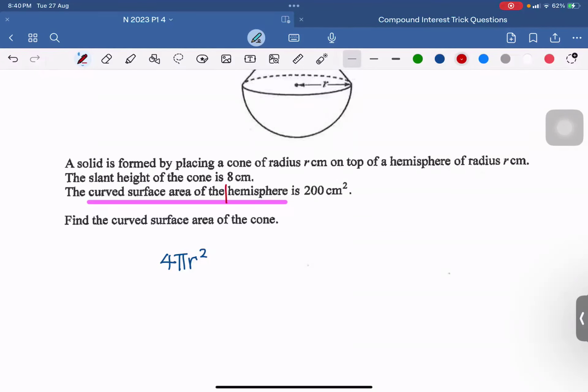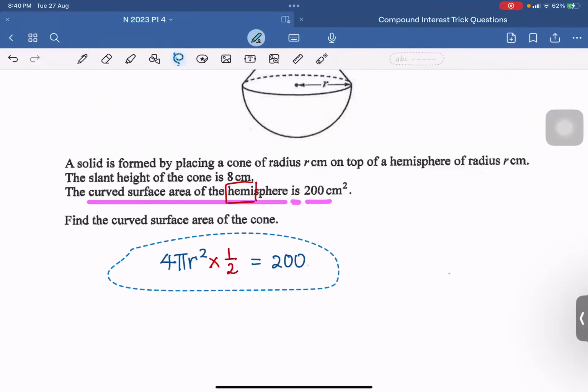But they won't make your life so easy because this one is a hemisphere, meaning the curved surface area is 4 pi r squared times a half. Okay, this portion say is 200. So this thing is equal to 200 cm square. Okay, do y'all get this?